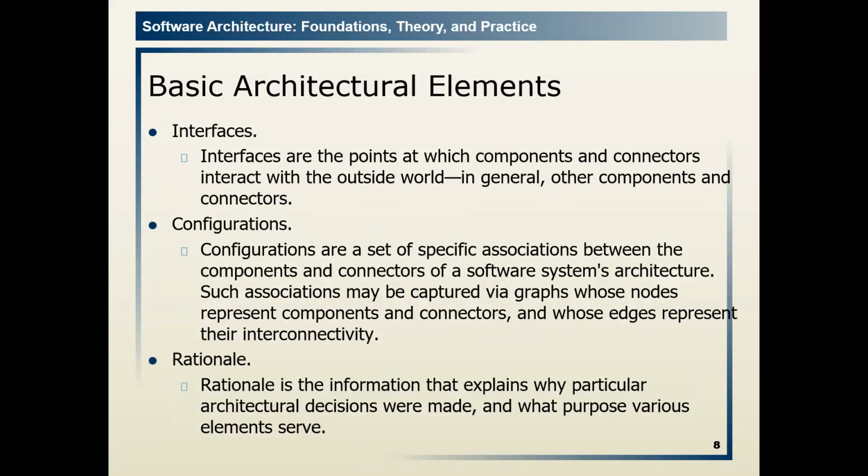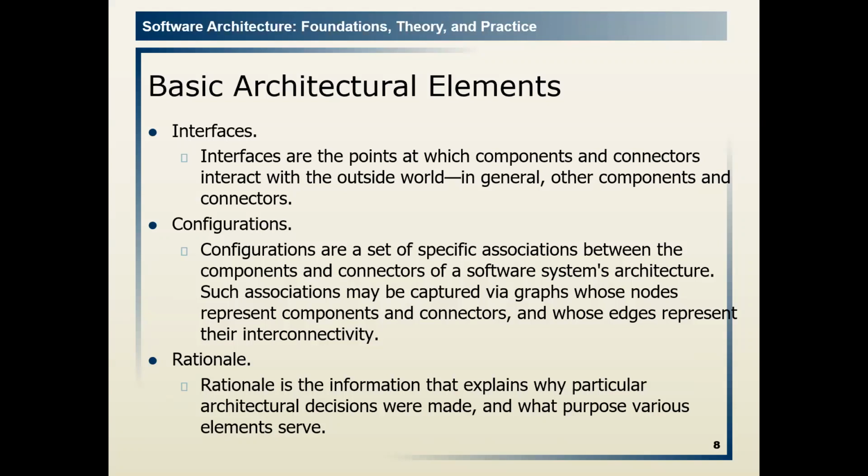Then the interfaces are the points at which components and connectors interact with the outside world. And the configurations are a set of specific associations between the components and connectors of a software system's architecture. Such associations may be captured using graphs whose nodes represent components and connectors and whose edges represent their interconnectivity.